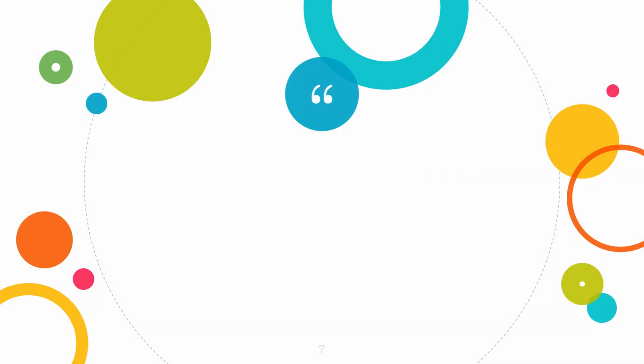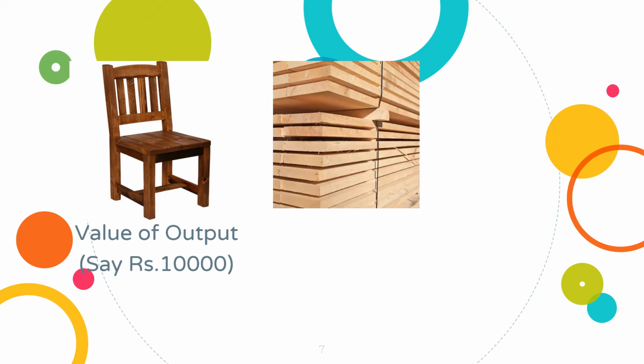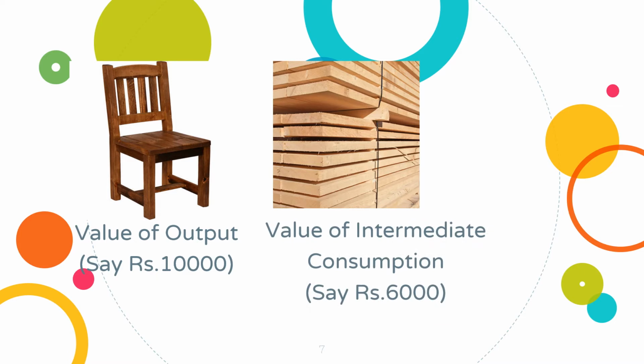Let me explain the concept of value added with the help of an example. Consider this piece of furniture. The value of this output that I have produced is, say, rupees 10,000. In order to produce this piece of furniture, I had to buy planks from the sawmill or the sawmiller. And the value of this intermediate consumption, or the value of the input that I used to produce the chair, was, say, rupees 6,000.